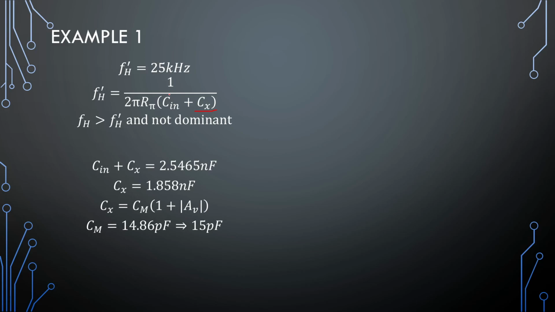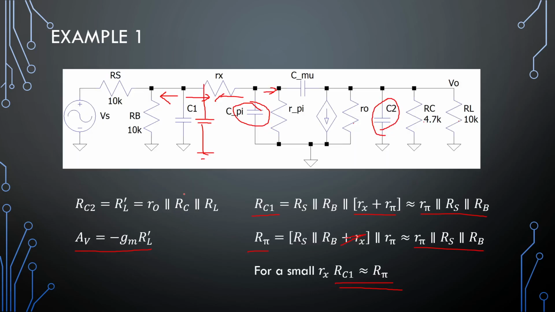Right? So we do Cπ plus Cx. Then we find that the value of Cx is 1.858 nanofarads. But this is not a Miller capacitor yet. Okay, it still needs to get moved to be in parallel, where I drew it in the wrong place.